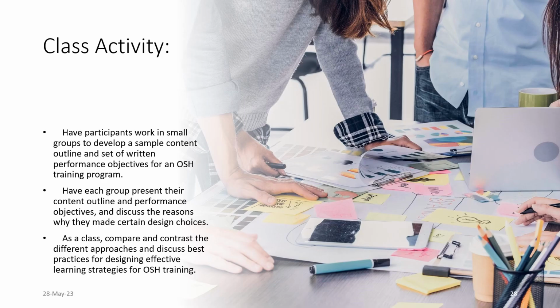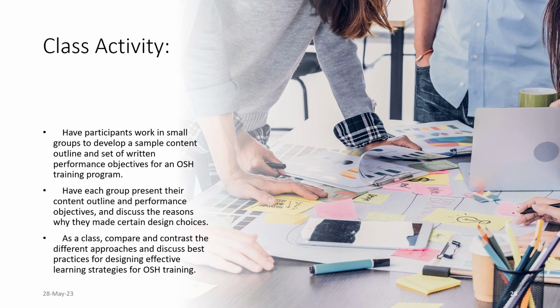So this is the class activity. Okay, you need to work in a small group to develop a sample content outline and a set of written performance objectives for an OSH training program. That is your class activity Task 1. Task 2, present your content outline and performance objectives, and discuss the reasons why you made certain design choices.